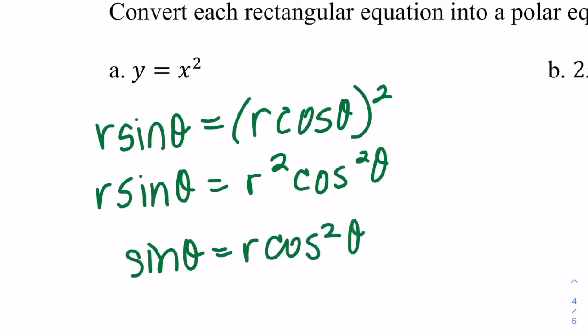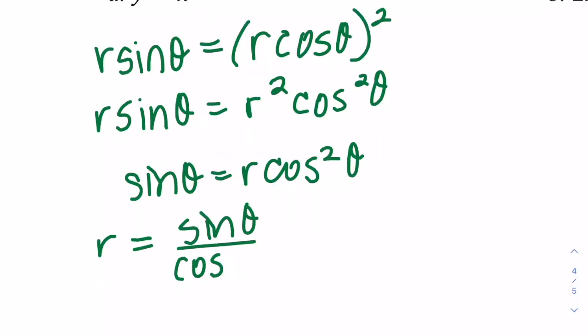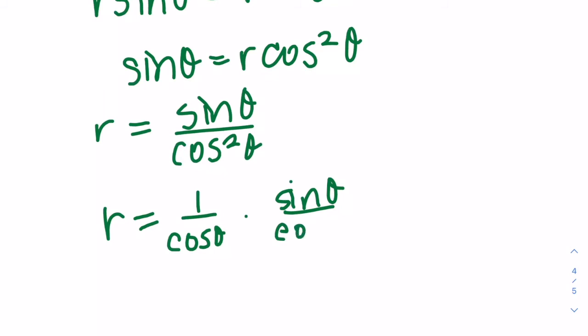Now we want to isolate r, so if we divide both sides by cosine squared, we'll have sine of theta over cosine squared of theta, which we can rewrite as 1 over cosine theta times sine over cosine. So r will equal secant of theta times the tangent of theta.